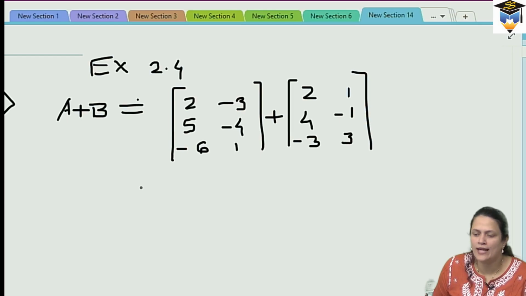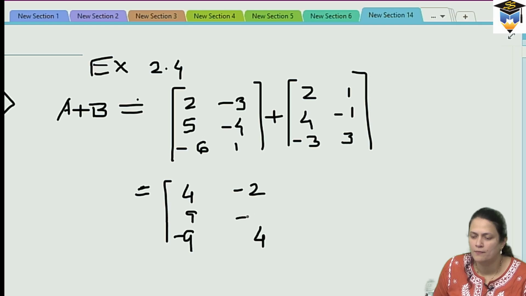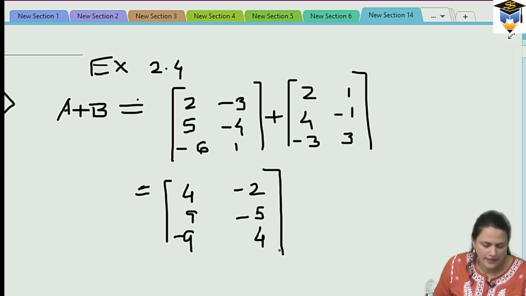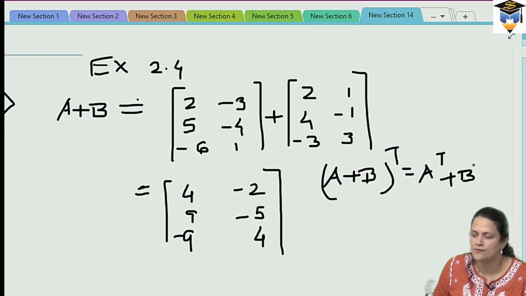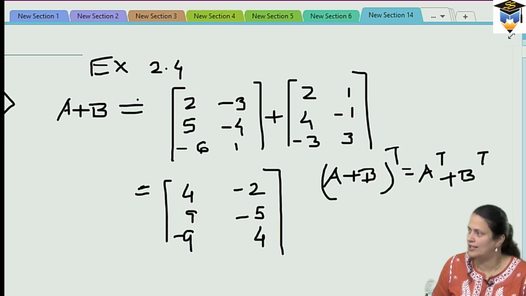So when we add the elements, the A plus B matrix is going to be 4, minus 2, 9, minus 9, 4, minus 5. Understood? Now we have to prove that (A plus B) transpose is equal to A transpose plus B transpose. Correct? This we have to prove.